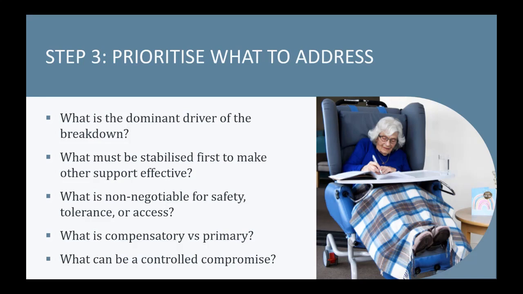We then need to ask what is primary and what is compensatory. That helps us understand those dominant drivers, because some presentations are the body's best attempt to cope, and in some cases we don't want to aggressively correct that either, because without understanding why they do it, we could be overcompensating.